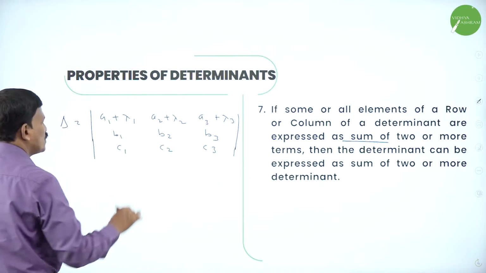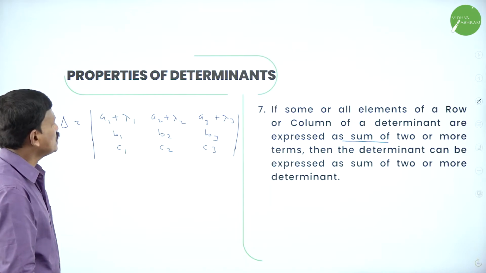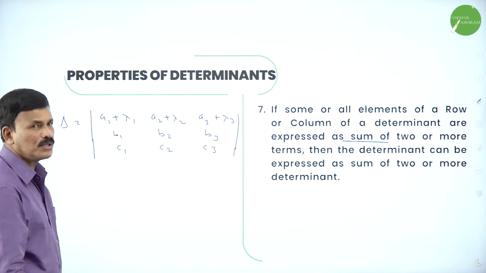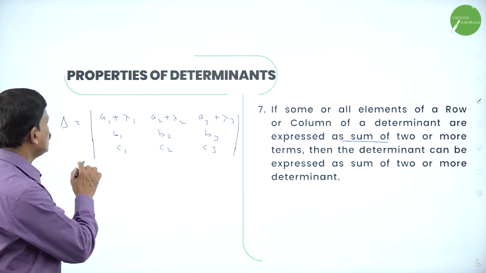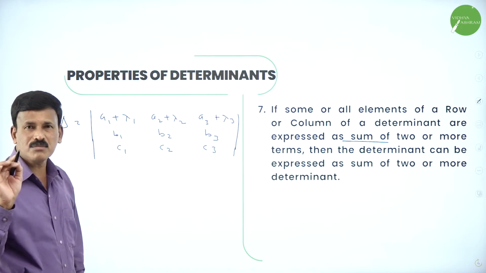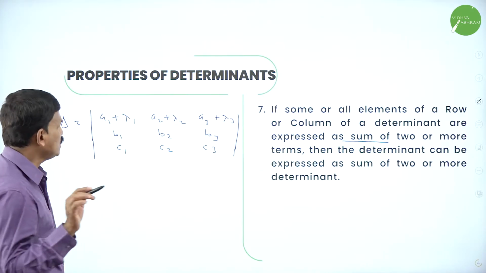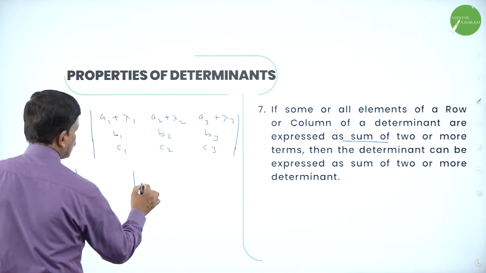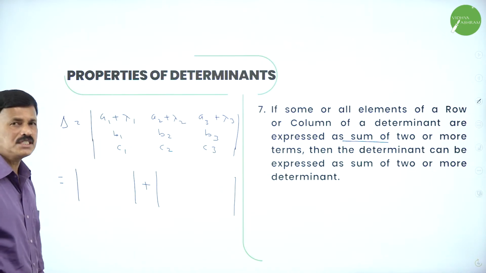Here lambda 1, lambda 2 are any constants or any other values. So here the first row contains the sum of 2 terms, A1 plus lambda 1, A2 plus lambda 2 and A3 plus lambda 3. According to the definition, if any row or column contains the sum of 2 or more terms, this can be expressed as sum of 2 individual determinants.